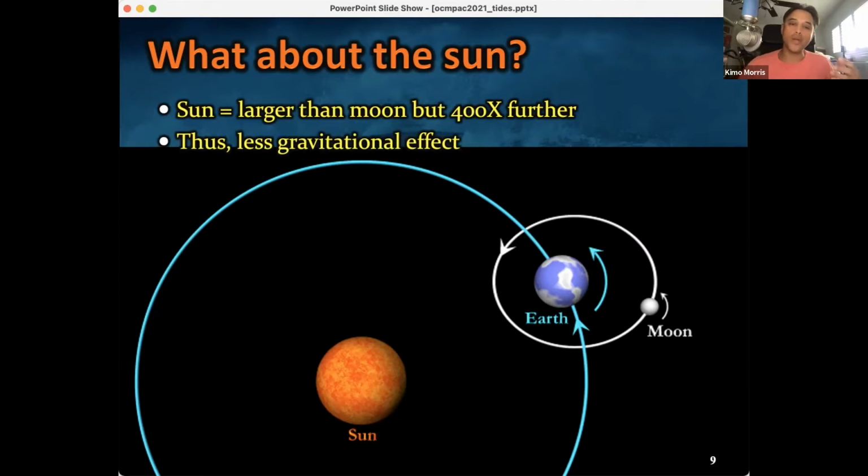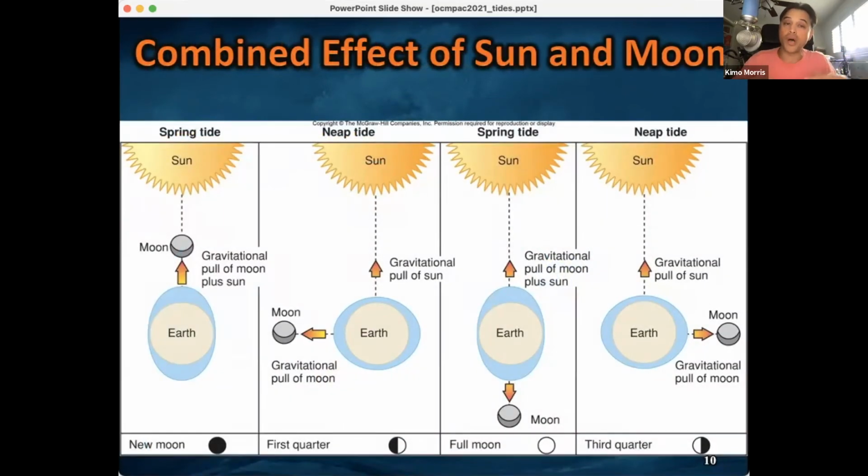And so with the moon and the sun, with their gravitational effect on the Earth, and the fact that water is responding to all of this, there are going to be times in the month when they're complementary, and times when they're not, when they kind of cancel each other out, although the moon still has a greater effect than the sun.